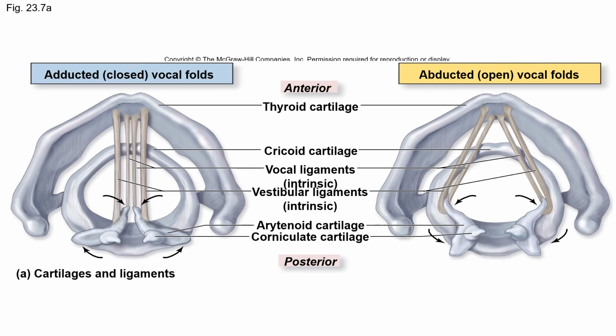The larynx also famously houses the vocal cords, or vocal ligaments. The ones that I'm sketching in yellow here are called the true vocal cords.